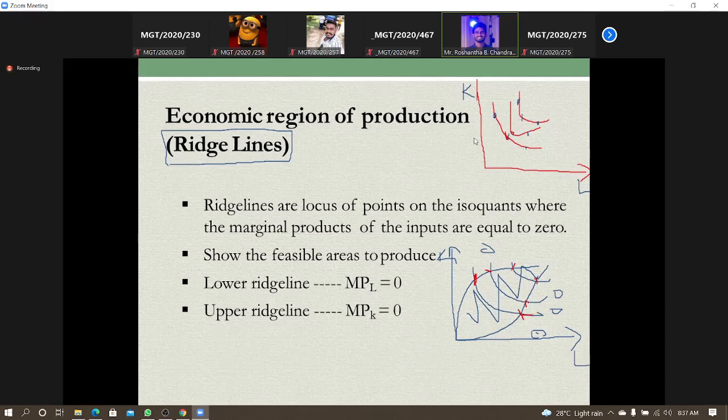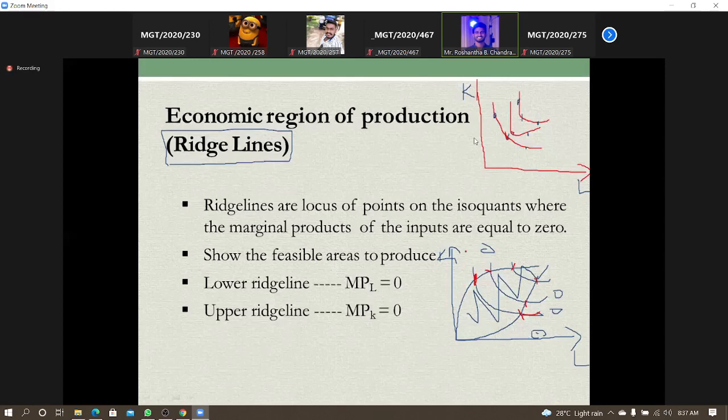It shows the upward trend. The increasing of the labor units has not effectively contributed to increasing the production, right? So you identify the ridge lines at these points, right?